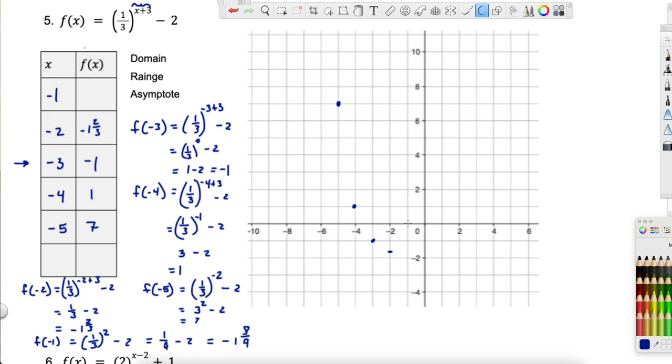Okay, -1 and 8/9. So not quite -2, right? It's getting there. All right, so we can see that if we increase this, okay, so -1 and 8/9.